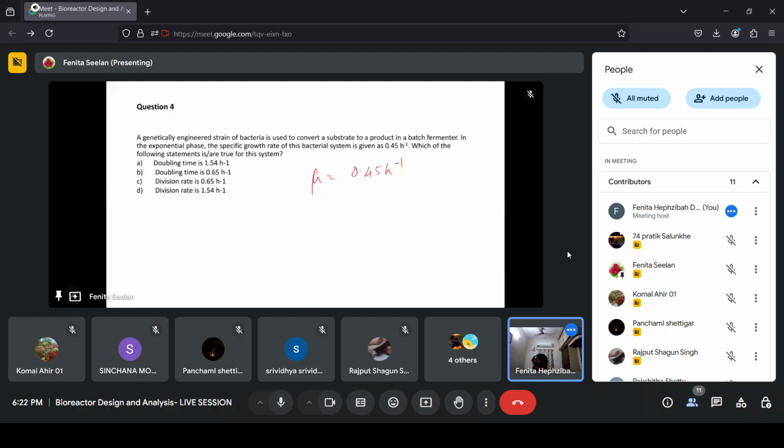Anybody? Or I'll give the formula for doubling time. You can calculate and let me know. The formula for doubling time is ln 2 divided by mu. So it will be ln 2 divided by 0.45. So what is the answer?